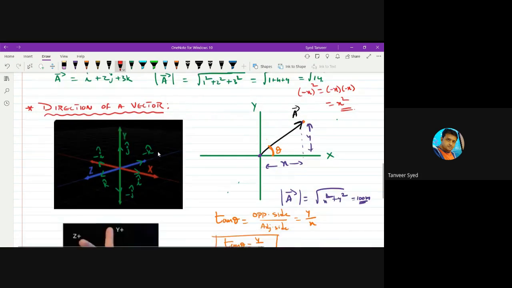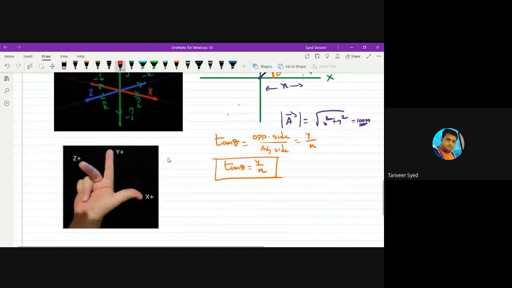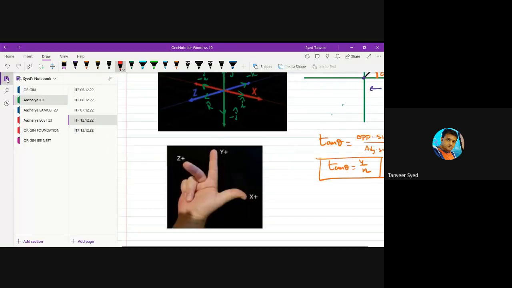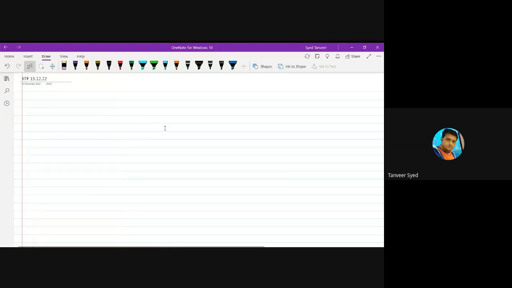Next, after understanding magnitude and direction of a vector, we will see addition of vectors. Vector addition can be done in two ways.